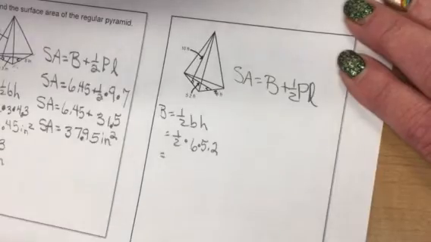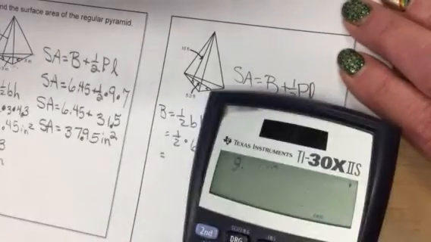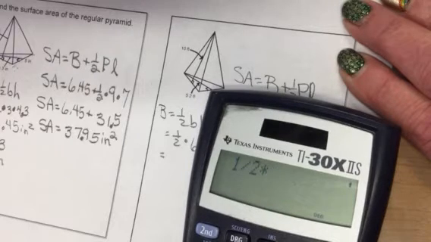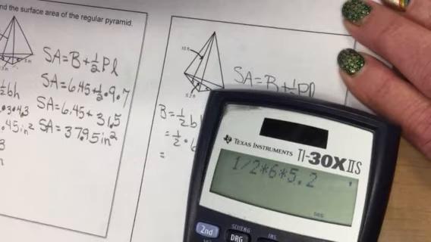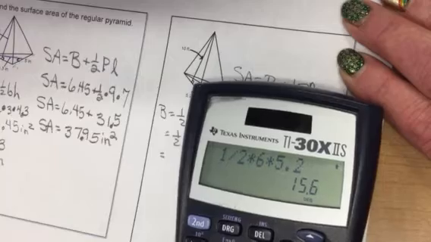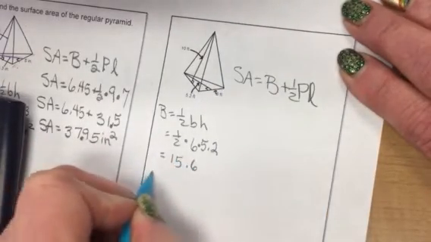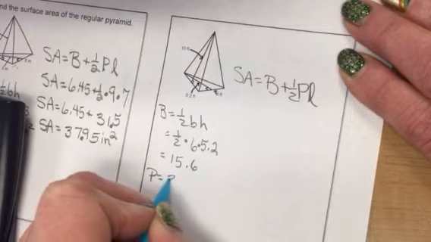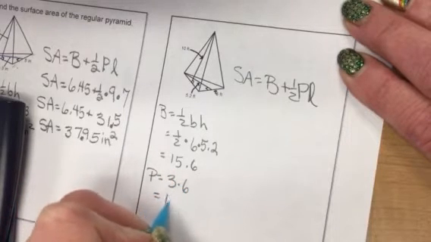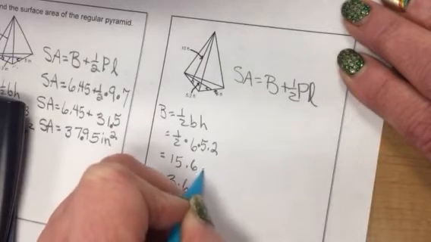Again, I punch that in my calculator. 1/2 times 6 times 5 2/10. 15 6/10. My perimeter, 3 times 6, 18 inches.